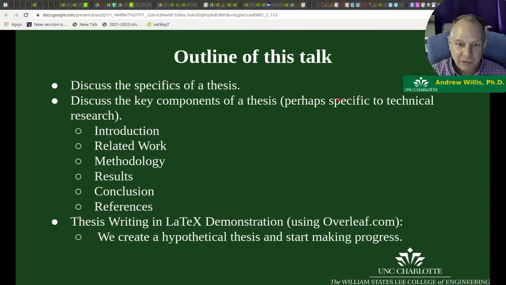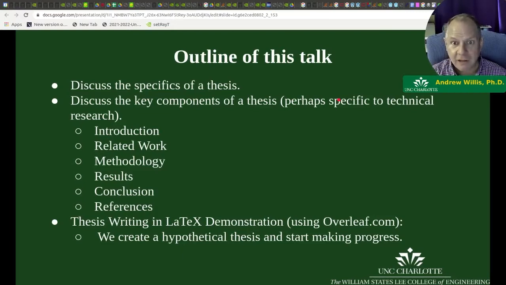We'll discuss each one of them, and then finally we'll end with a demonstration where we'll identify some hypothetical thesis topic, and I'll start using LaTeX. I'll show you how to open up the thesis document and how to start writing. We'll grab some references, and then we'll integrate those references into the LaTeX document so that they can be cross-referenced, and show you how all of these technical components work together to create this way of writing a thesis.